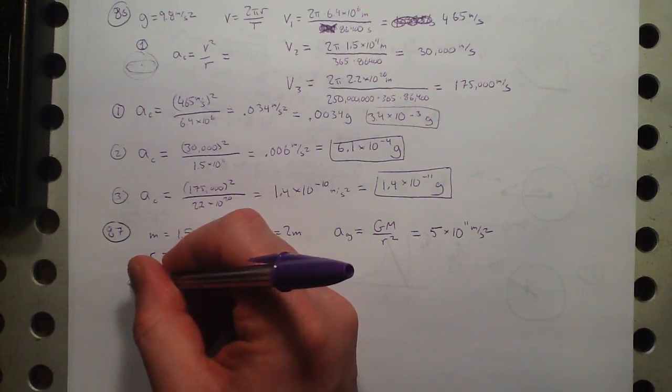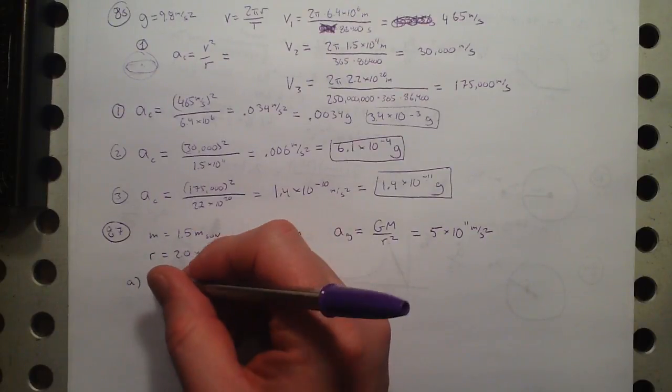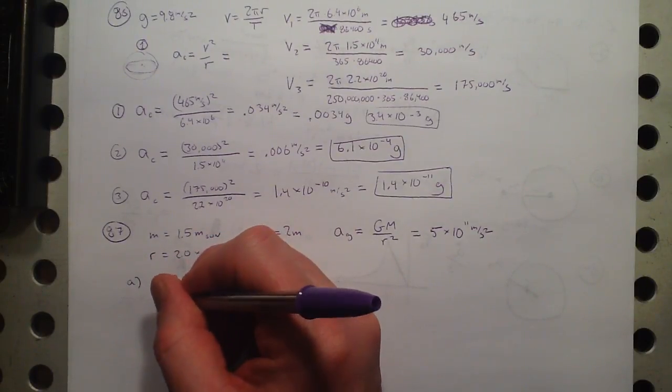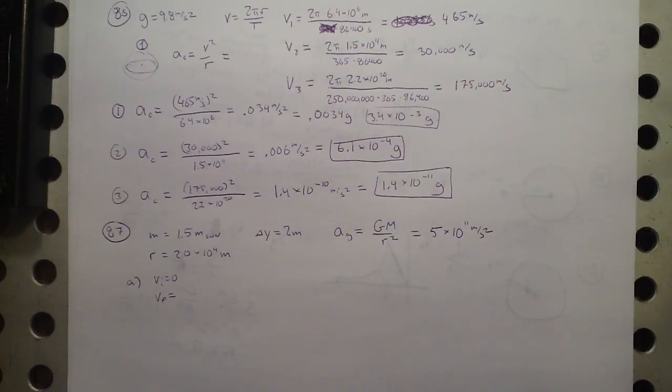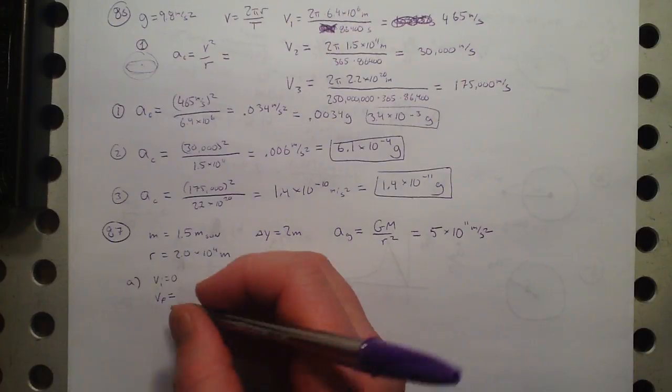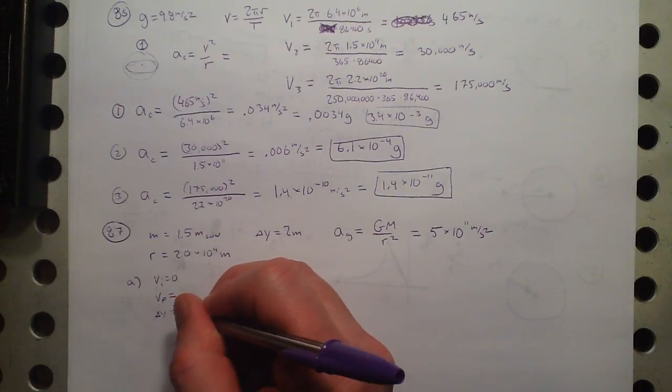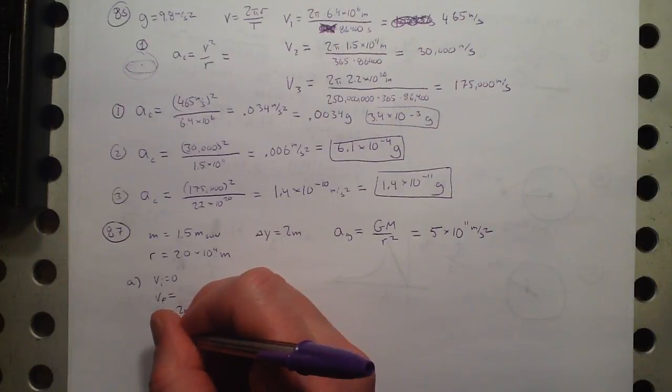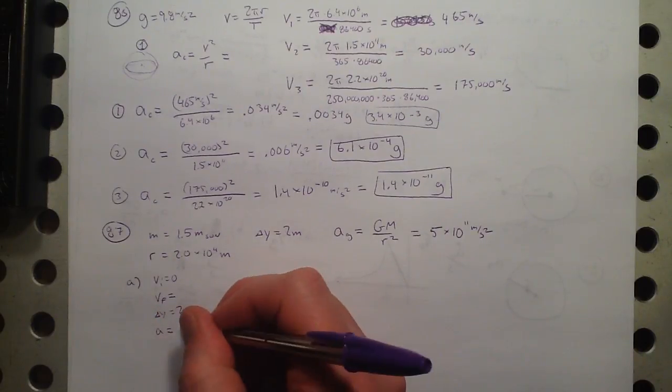So that means in part A, a little kinematics problem, initial velocity 0. I'd like to know how fast it's going to be going. I think that's what we're looking for, isn't it? What will be the apple speed? Yes. So the delta y is going to be equal to 2 meters. I'm taking down to be the positive direction because that's the only direction we're going in here.